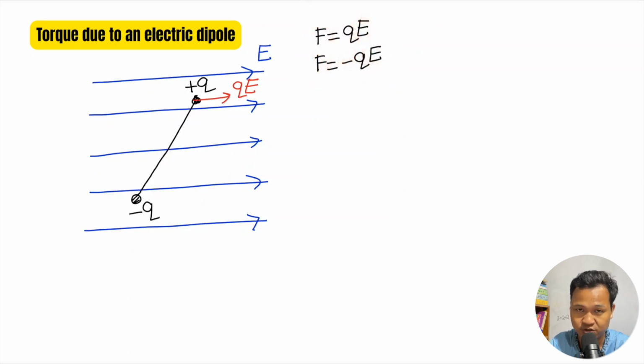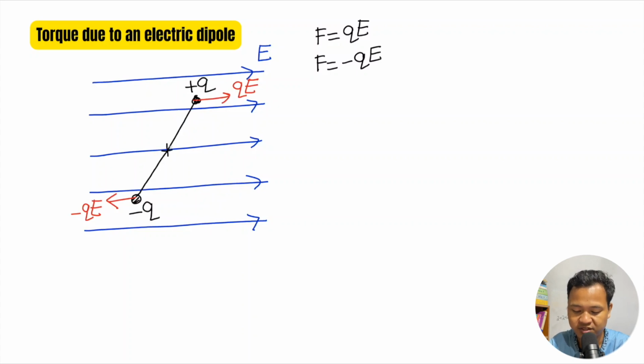So if the charge is positive, force and electric field are along the same direction. If the charge is negative, then force and electric field are in opposite directions, so the force on minus Q is minus Q into E.